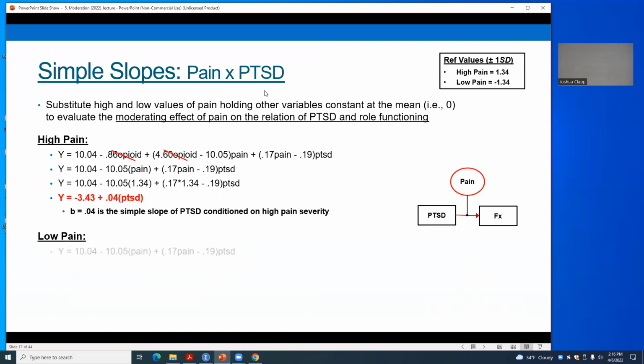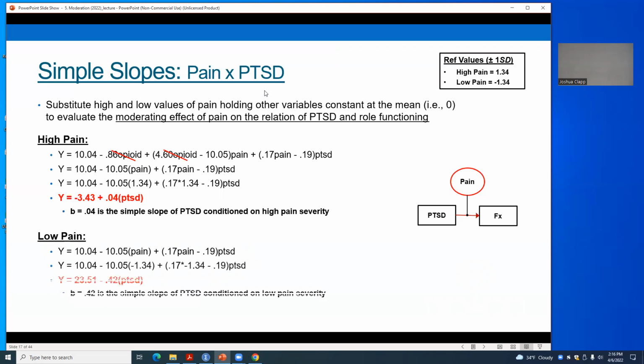Then we just do the same thing for low pain. We can start here with our reduced model, drop in low levels of pain, and then we get our simple slope for the unique effect of PTSD at low levels of pain, okay? Here, this coefficient for PTSD is our simple slope.